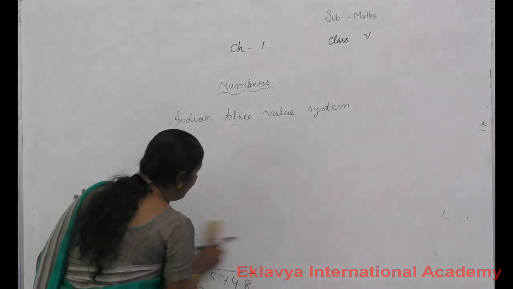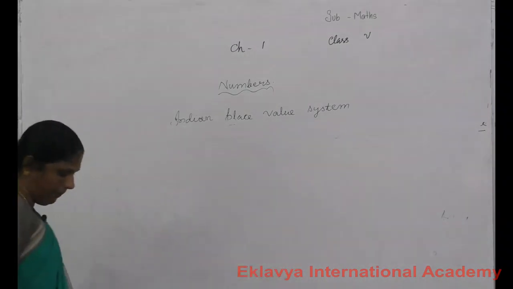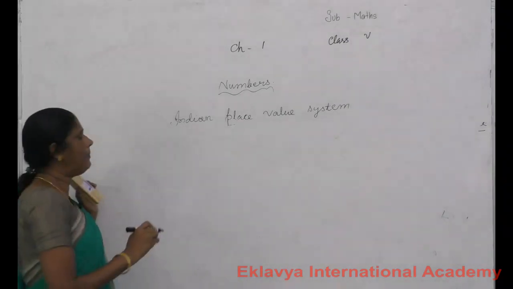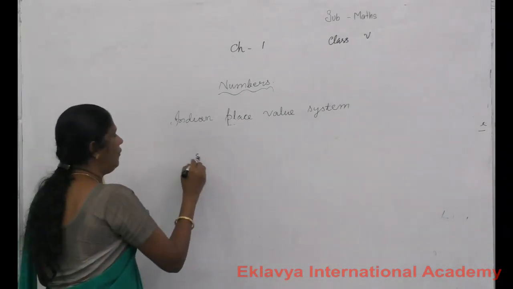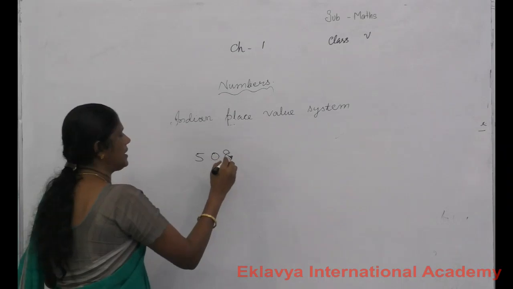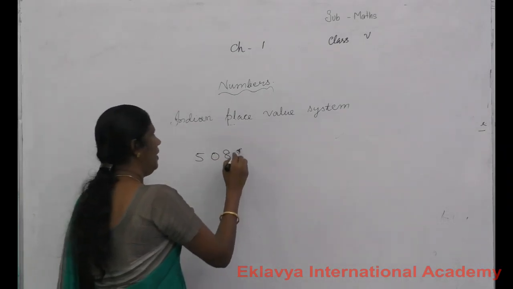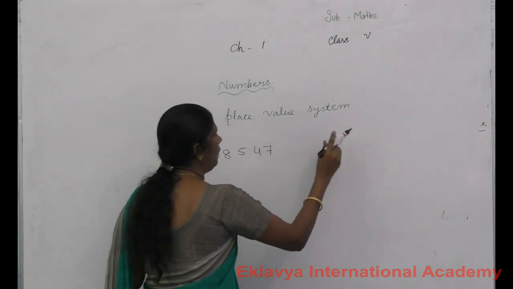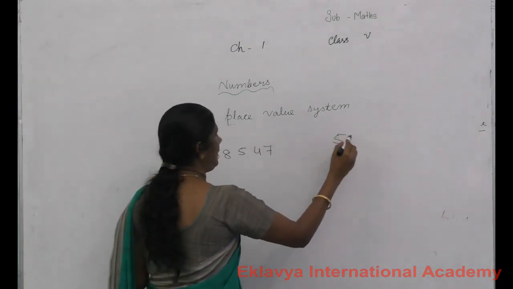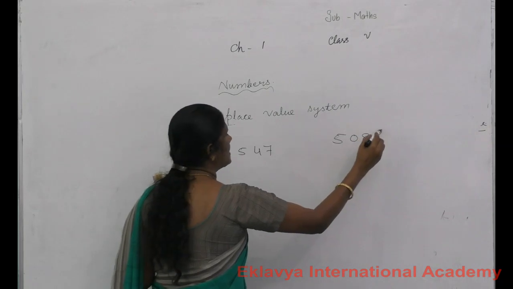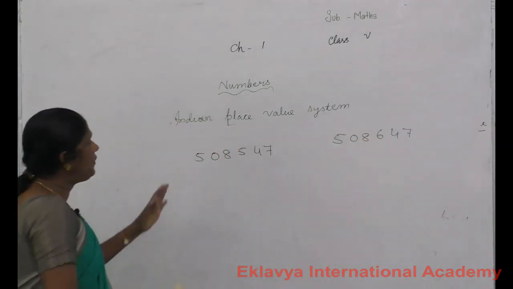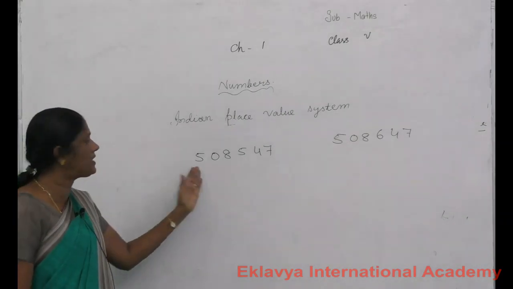How to compare? We compare the numbers. 5,08,547 and 5,08,647. First we look at the highest place value.